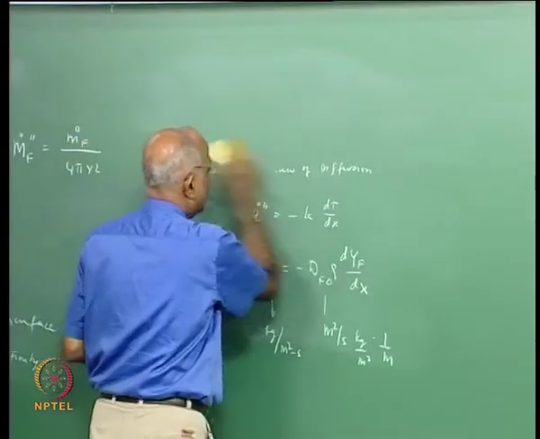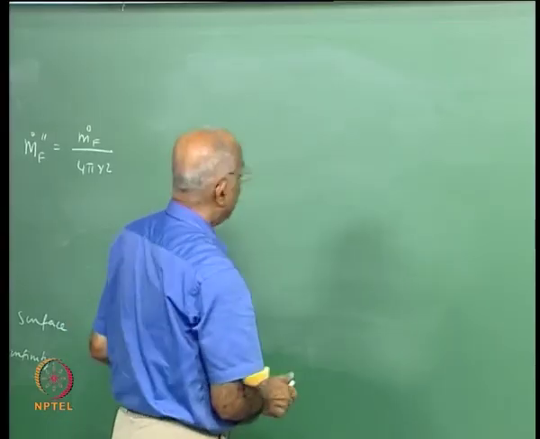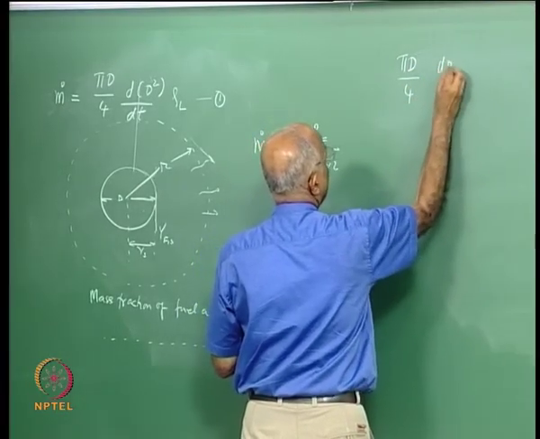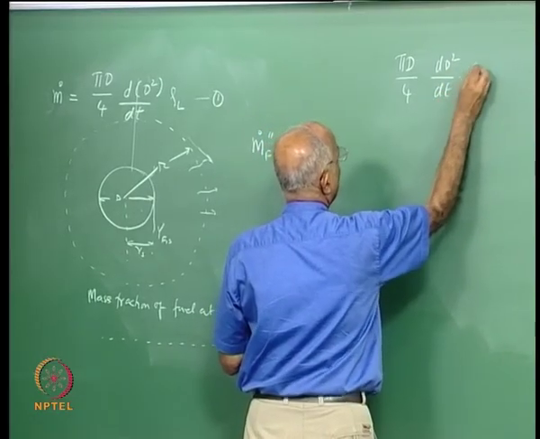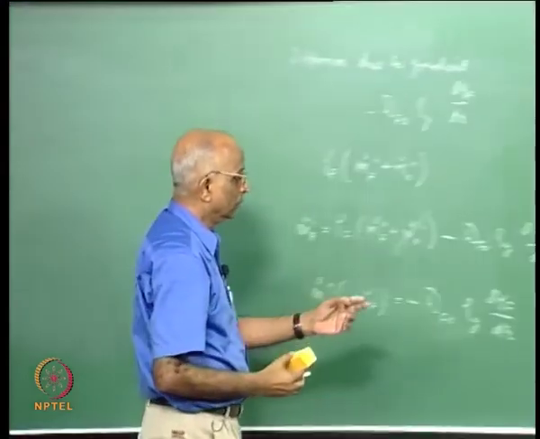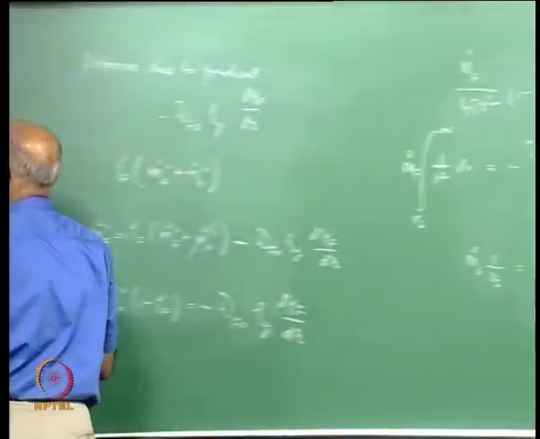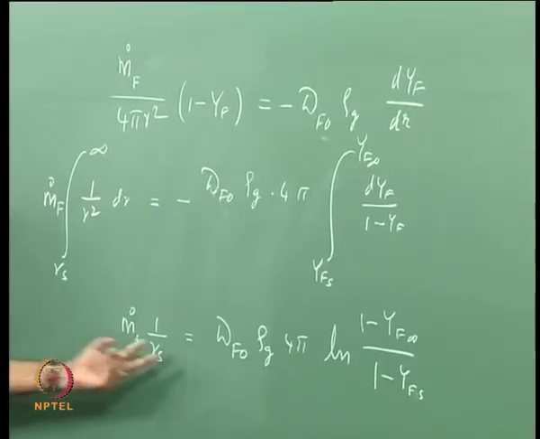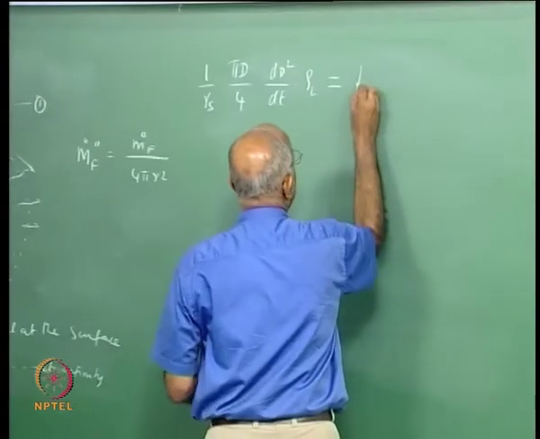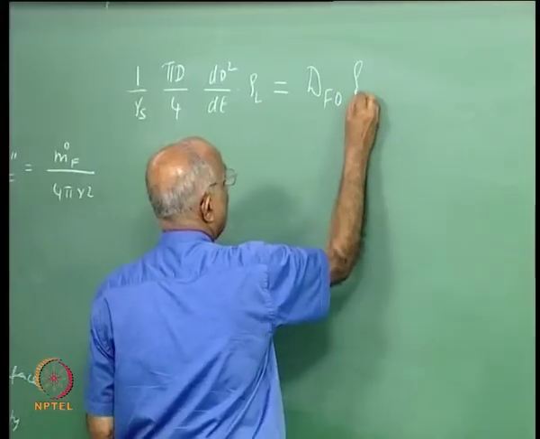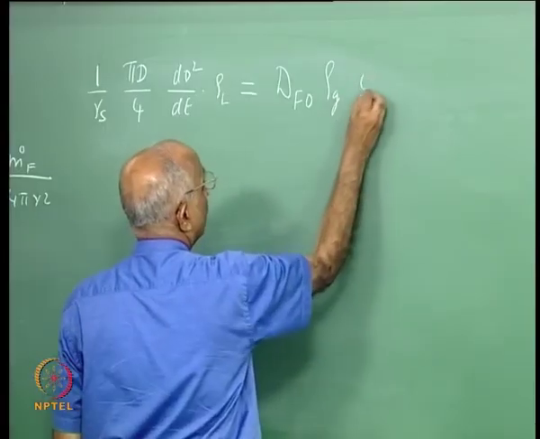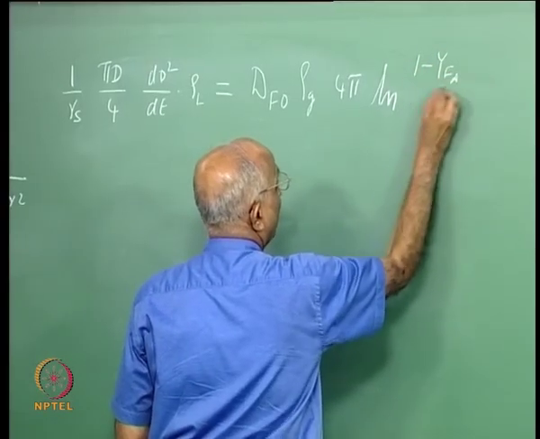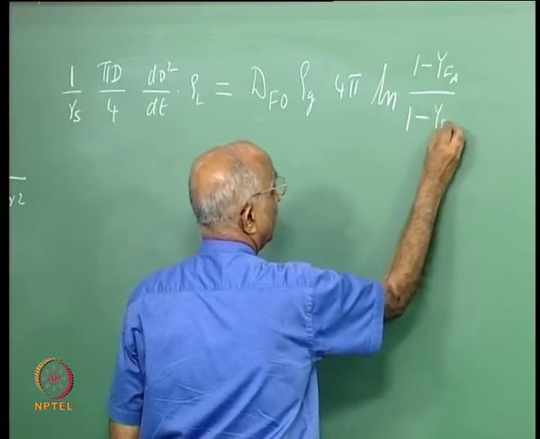Let us substitute the value of m dot f is equal to pi D by 4 into d of D square by dt into rho l, is now equal to, I have to get the value of Rs over here, whatever I have written on the right hand side: diffusion coefficient of the fuel in the oxidizer into the density of the gas at that particular point into 4 pi into ln of 1 minus Yf far away, the mass fraction, divided by the mass fraction at the surface.